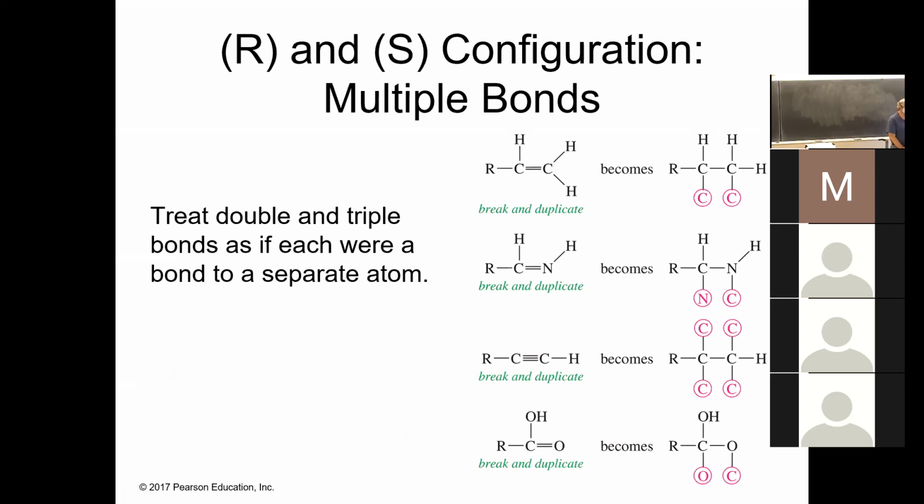Double bonds, we count that as though it were bonded to 2 of the other atoms in question. A carbon-carbon double bond, we count that as though it were bonded to 2 carbons. A CO double bond, we would count as though it were bonded to two oxygens.